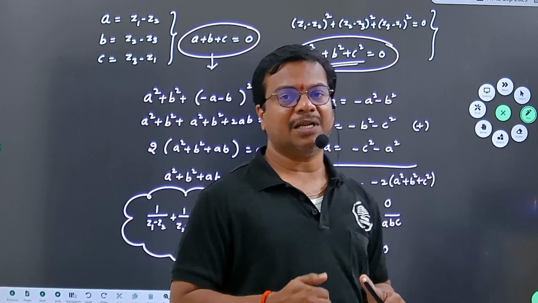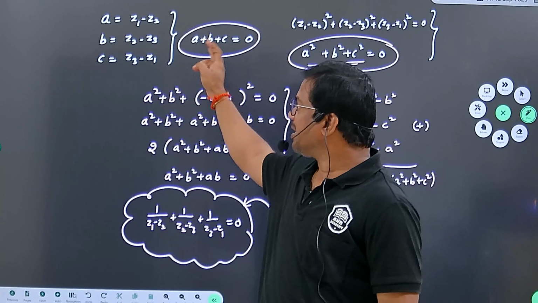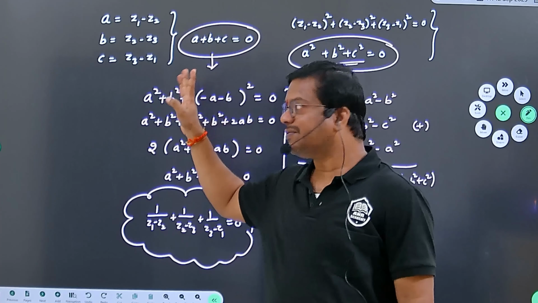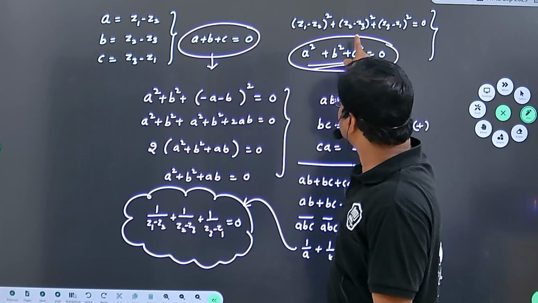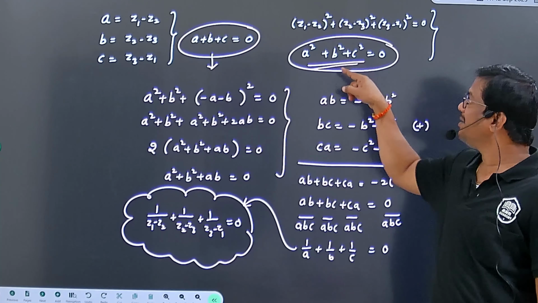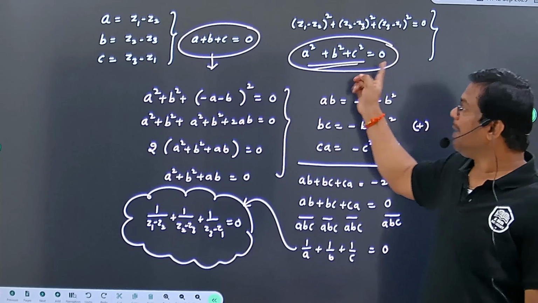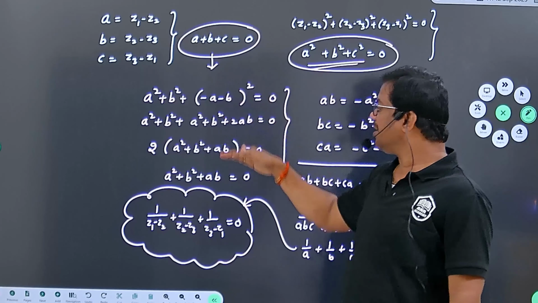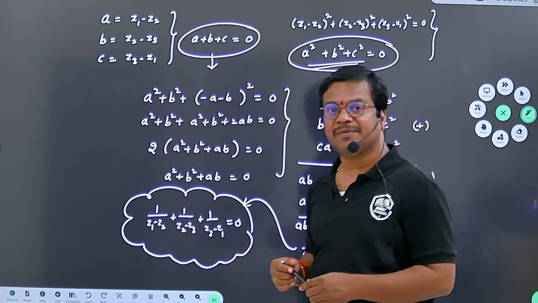Just what I am doing here, selecting a, b, c as z1 minus z2, z2 minus z3, z3 minus z1, the value of a plus b plus c becomes 0. And also by the second result, a square plus b square plus c square is also 0. With the help of these two, we got one result, that is ab equal to minus a square minus b square.